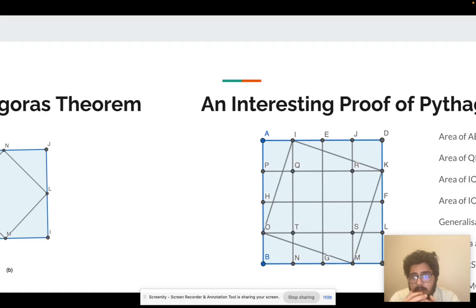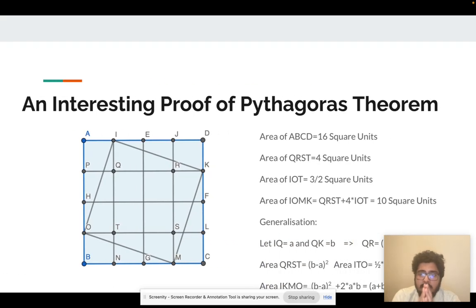What is an interesting proof is in the case where you have to generalize it. So to make you understand better how we prove it, we first will do it with a case in which we will take some dimensions, some units, and then we will move to a generalized definition. Let us take the case of a simple dimension. See, this is a square.